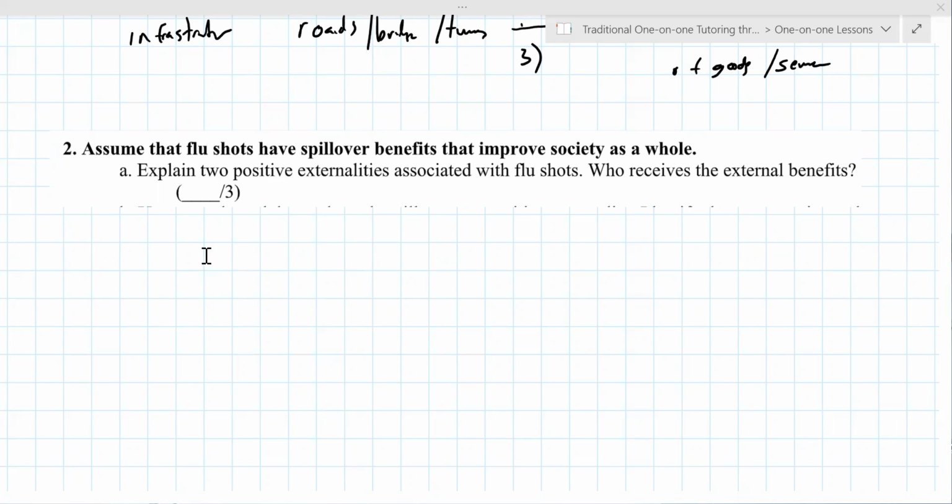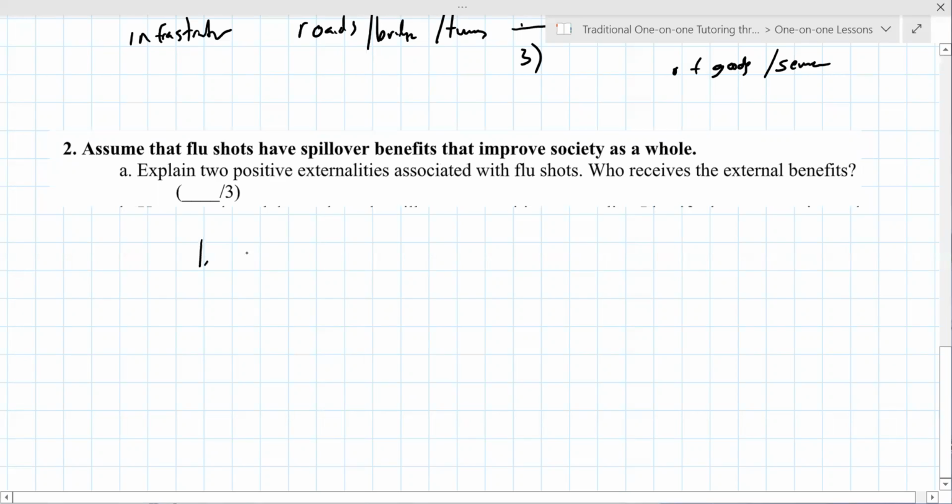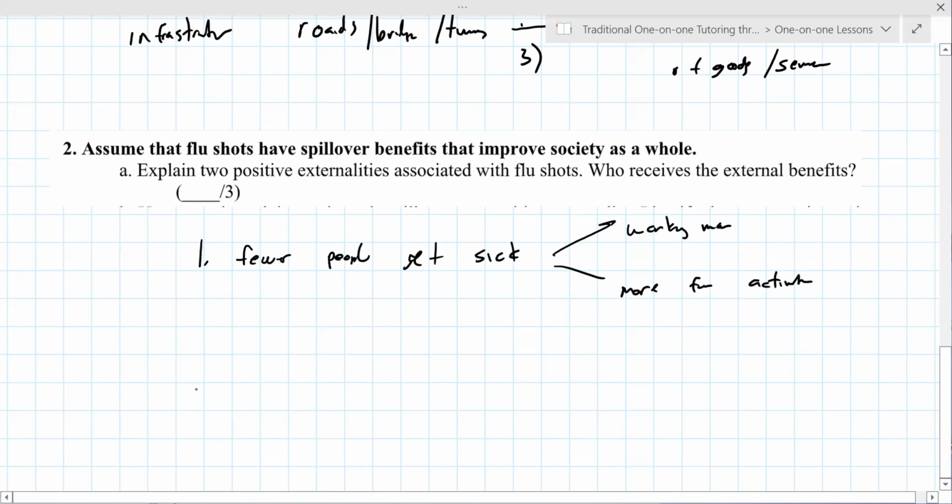So a couple of other things come to mind here. Obviously, fewer people get sick, and that leads to either working more, or more fun activities. Being sick is awful. You end up just being in bed all day. Reduced healthcare costs.